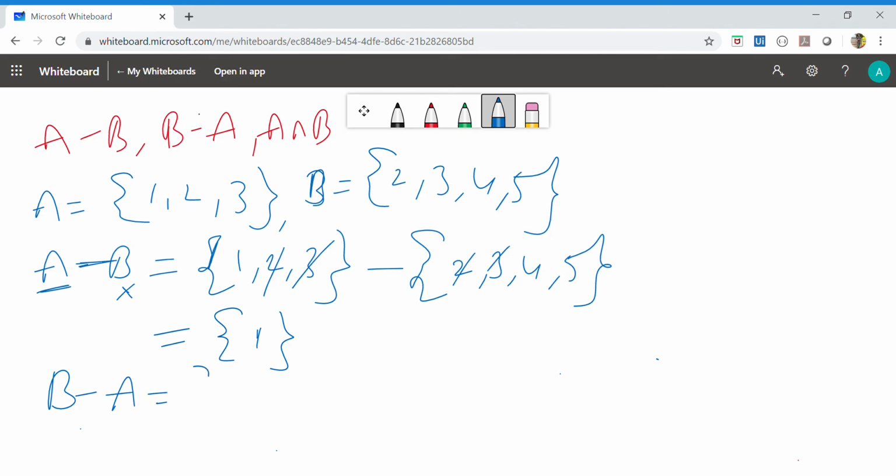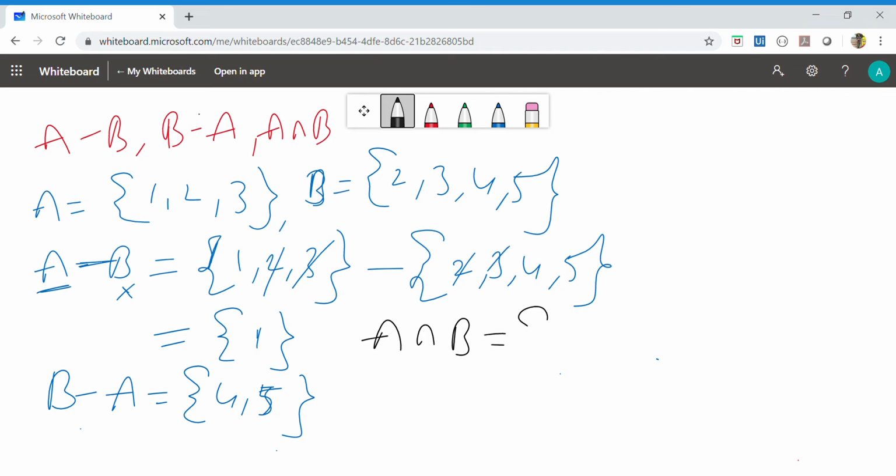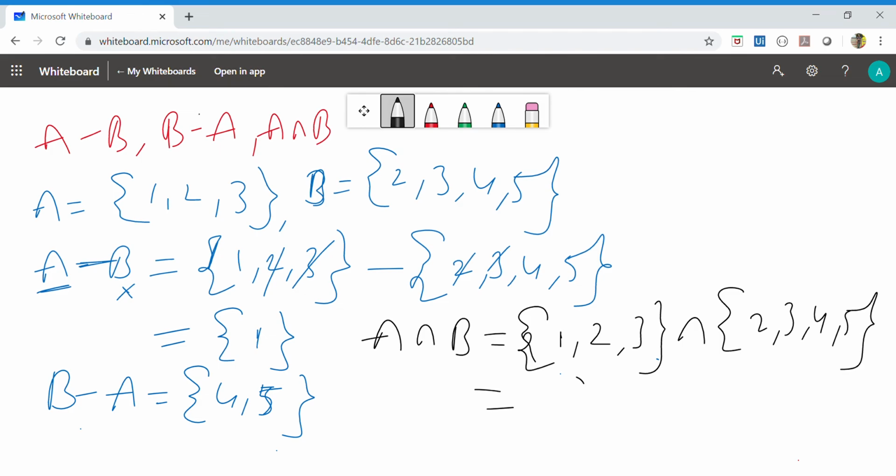What is B minus A? B minus A is nothing but the set {4, 5}. And what is A intersection B? A is {1, 2, 3} and B is {2, 3, 4, 5}. Intersection means common elements, so 2, 3 we will get.